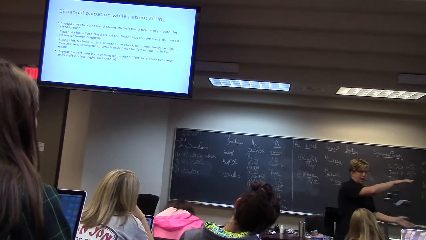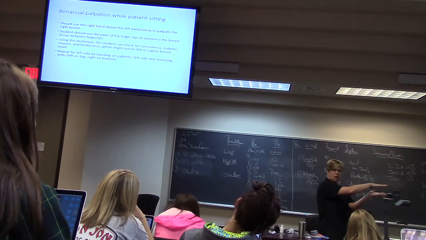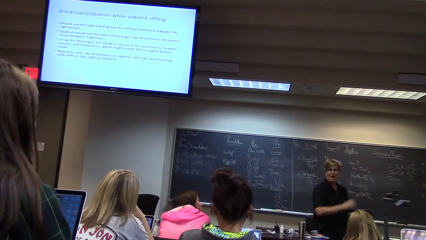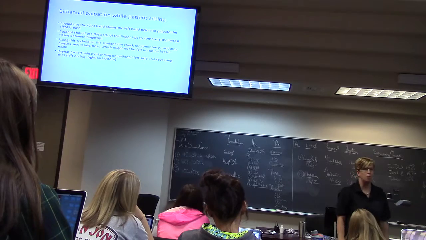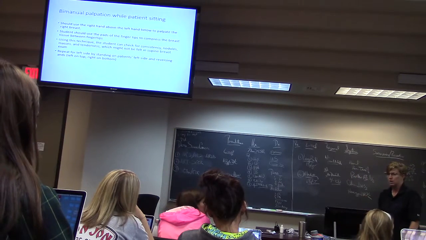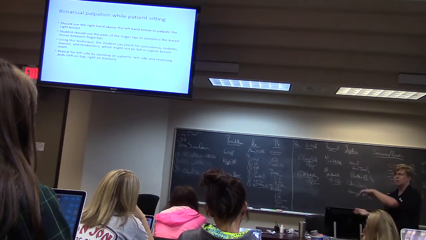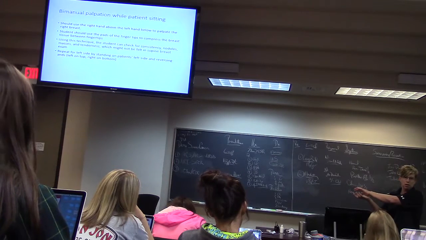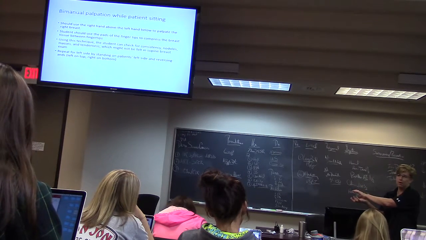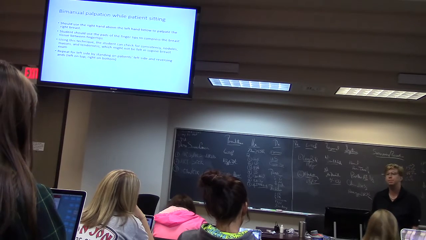So put your right hand underneath it and feel for any nodules, masses, anything that feels abnormal. You could walk to the other side of the patient and just flip your hands and do the same thing. You don't have to flip your hands, but that's what's recommended. You do it the same way, it doesn't matter. Okay?